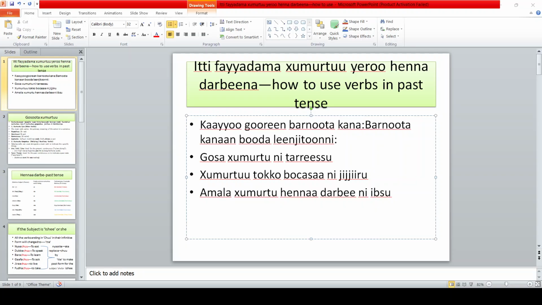So today we are going to talk about how to use verbs and how they operate in the different tenses, especially in the past tense, using one of the subjects.